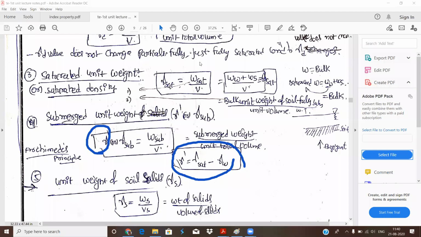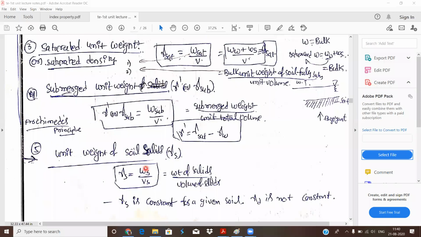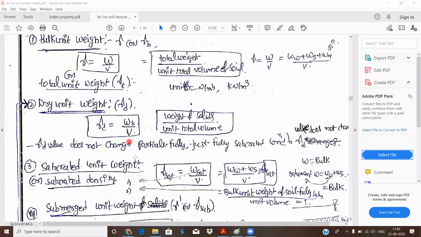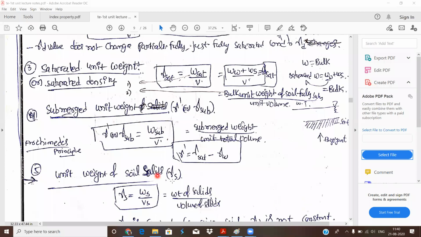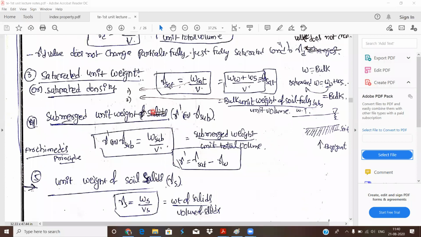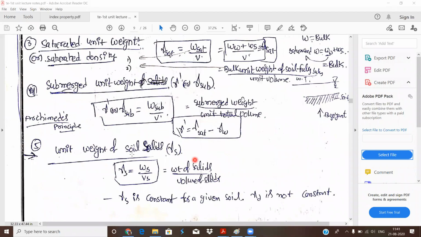Okay, next one, unit weight of solids. If you observe clearly, here total volume, here total volume, here also total volume. In four phases we have taken total volume, but for unit weight of solid, it is unit weight. So for example, the unit weight of cement is 1440 kgs.